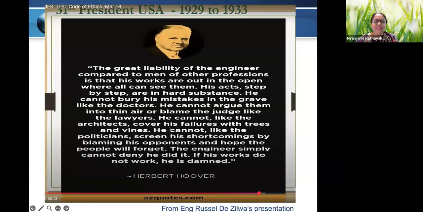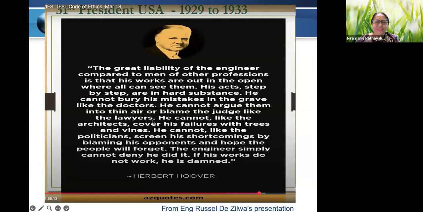So now this again I took from Engineer Russell Rizila's presentation. The great liability of the engineer compared to men of other professions is that his works are out in the open where all can see them. His acts, step by step, are in hard substance. He cannot bury his mistakes in the grave like the doctors. He cannot argue them into thin air or blame the judge like the lawyers.